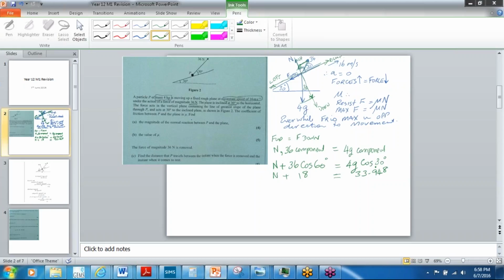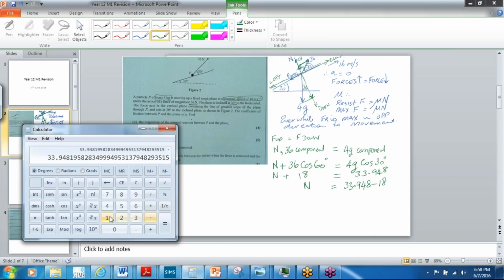4g cos 30. Let's have a look at now if we just take N and take this across, that would be 33.948 minus 18. So let's subtract 18 and we've got 15.948.